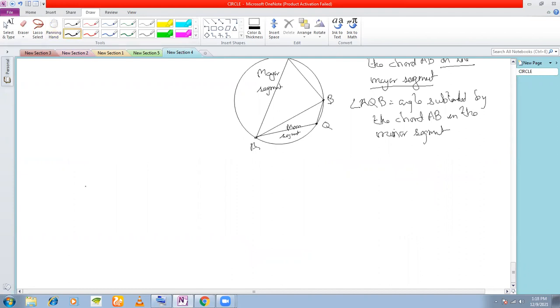Two very small definitions are left. First is concentric circles. Two circles sharing the same center are called concentric circles.